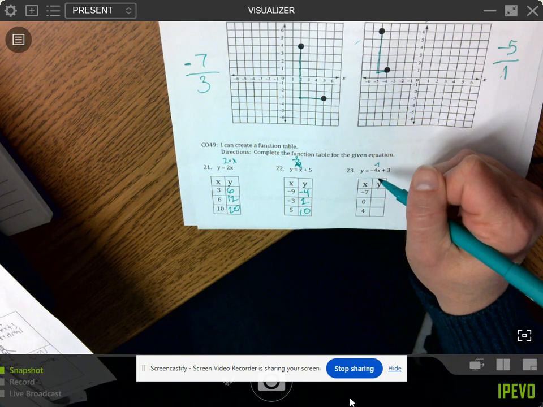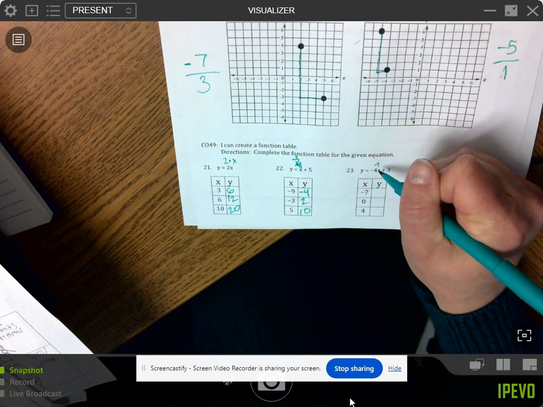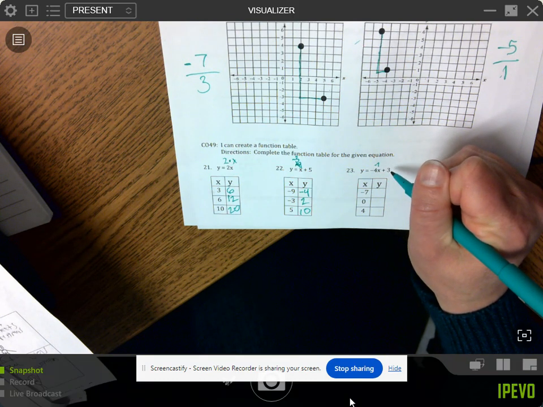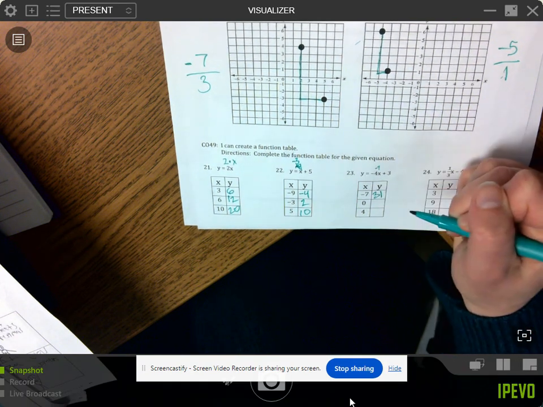The negative times a negative is a positive, and 4 times 7 is 28. And then Ruby is right. Then we have to add 3 to it. 28 plus 3 gives me a 31.